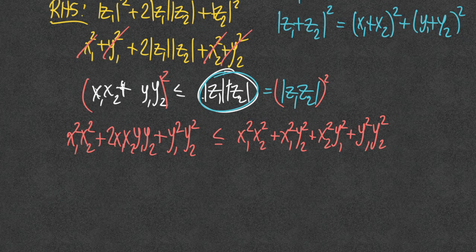And now things are starting to become a little bit more interesting. Clearly, these terms cancel. These terms cancel as well. And it looks like I didn't really get anywhere. However, I'm going to go ahead and move this term over. This complicated 2x1 x2 y1 y2 term.